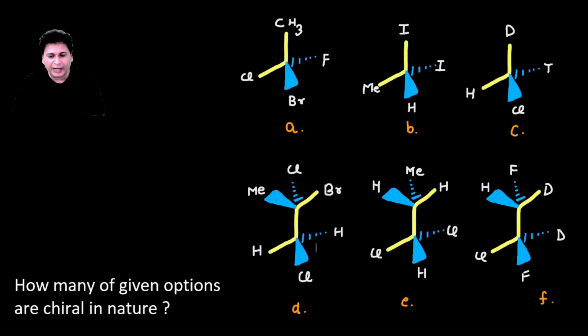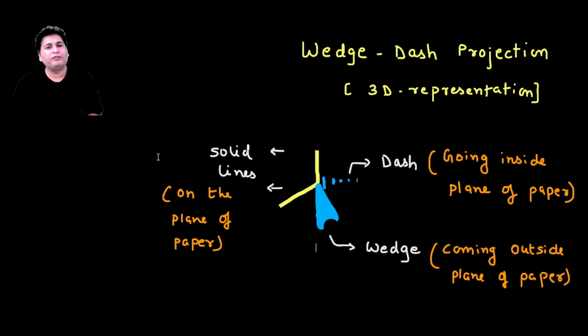First of all, there are pictorial representations on your screen. What is the meaning of these pictorial diagrams? First of all, understand that the 3-dimensional figure you see on your screen is called a wedge dash or flying wedge projection.